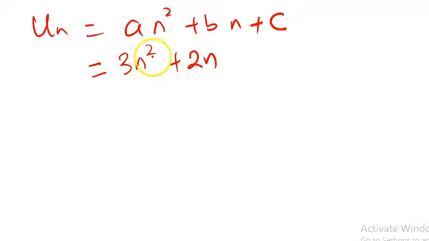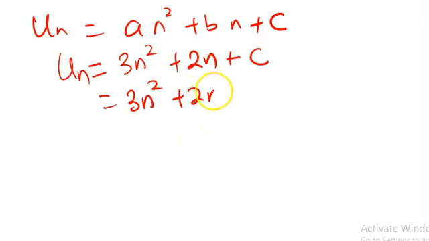Remember, we got c to be 1. So 3n squared plus 2n plus 1 is the nth term of the number pattern.